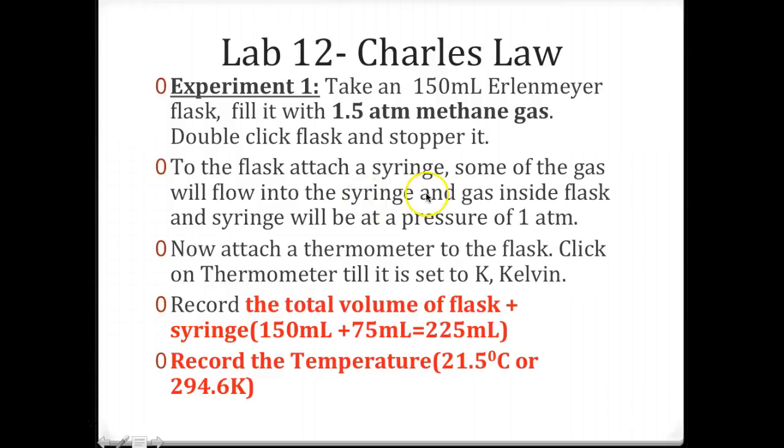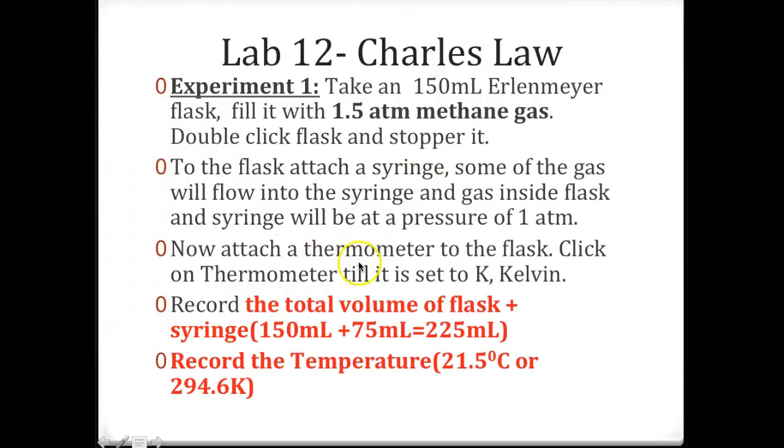When this happens, the pressure of the gas inside the flask and the syringe will be constant at 1 atmosphere. Remember, pressure has to be kept constant, and so do moles of gas. Since you have a closed environment, you're able to keep the moles of gas constant as well.